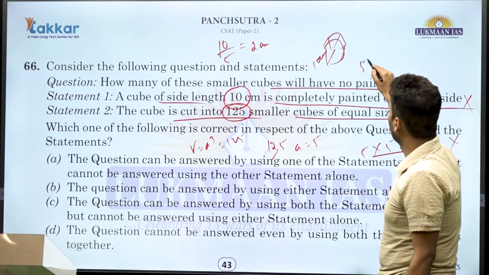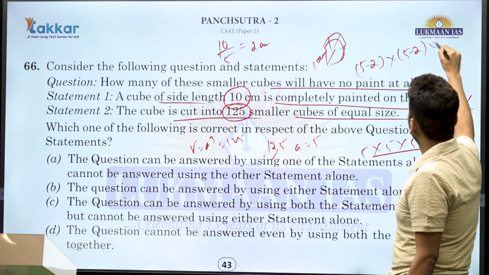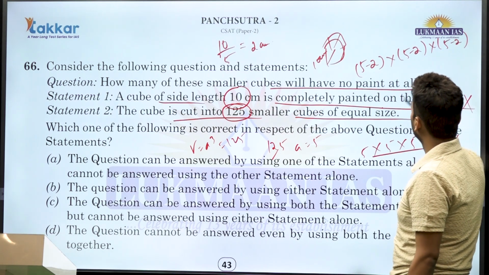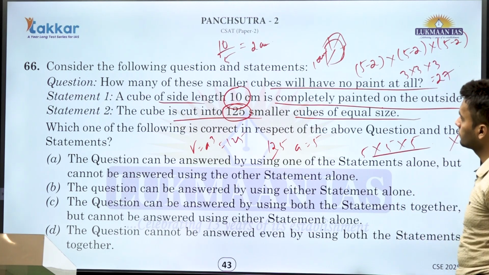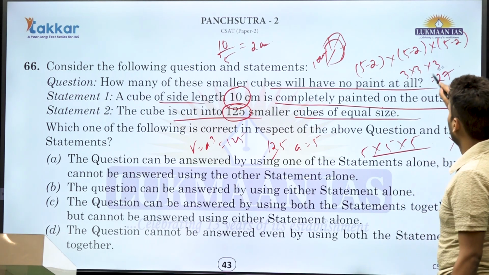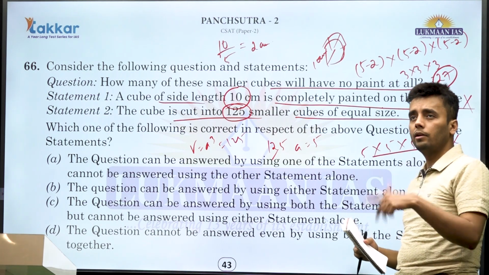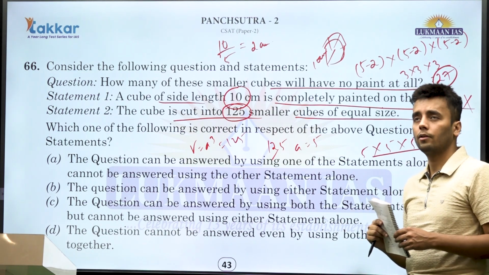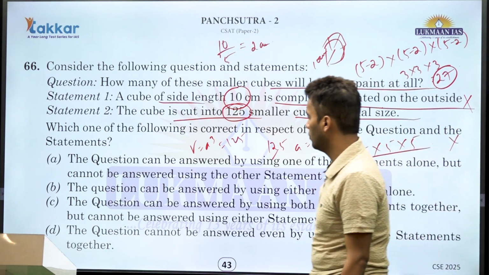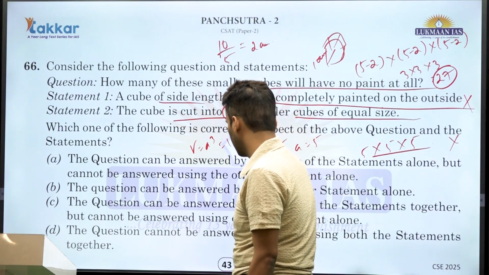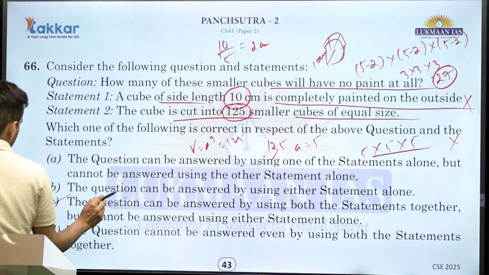So 5 minus 2, 5 minus 2, 5 minus 2, that is 3 into 3 into 3, 27. There will be 27 cubes left that will have no paint at all. So we require both statements. C is the correct answer.